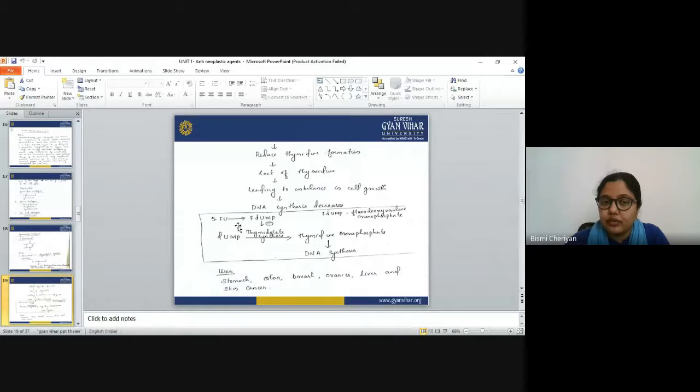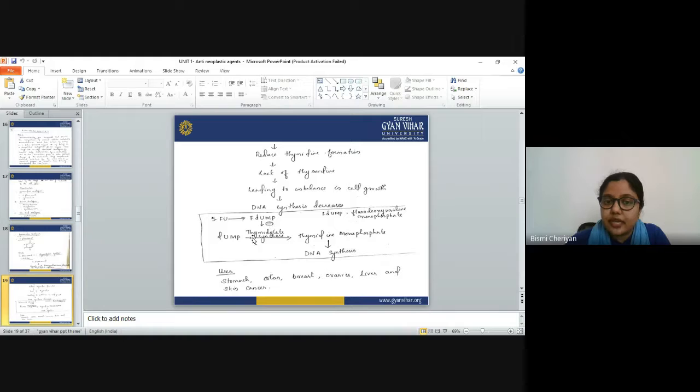This FDUMP inhibits the thymidylate synthetase enzyme, which is necessary for the conversion of DUMP to thymidine monophosphate, and this is necessary for DNA synthesis.